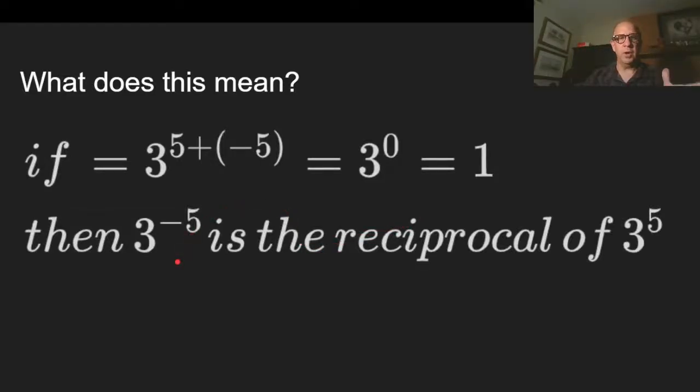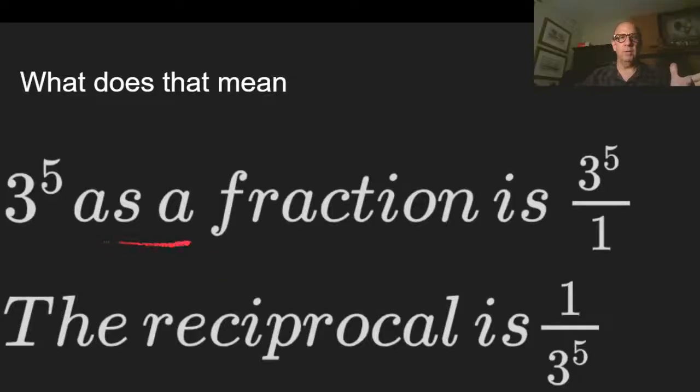This works the same way. 3 to the 5th power as a fraction is 3 to the 5th power over 1. The reciprocal then would be 1 over 3 to the 5th.